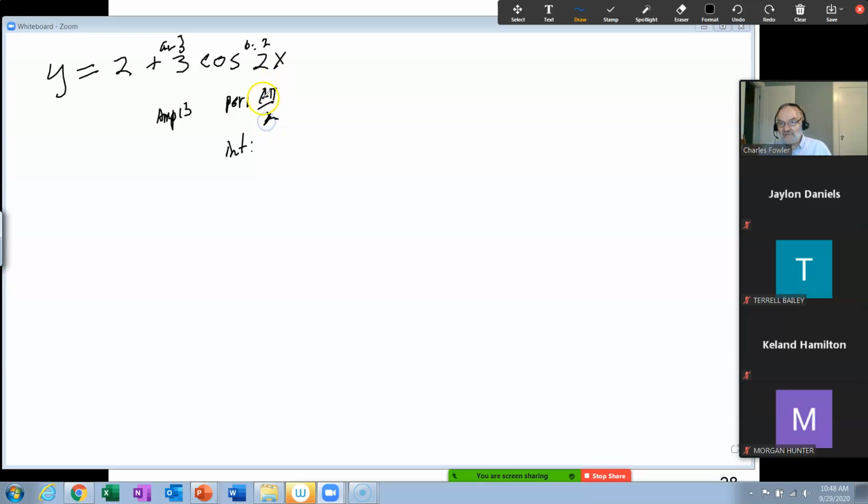So if the period is pi, the interval is pi quarters, pi divided by 4. Your C here is 0. You don't see a C, it's not there. There is no phase shift. And then they come around to the front here and do D is equal to 2. That means your vertical shift is upward 2 units.